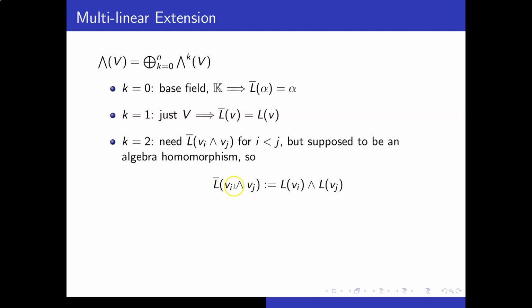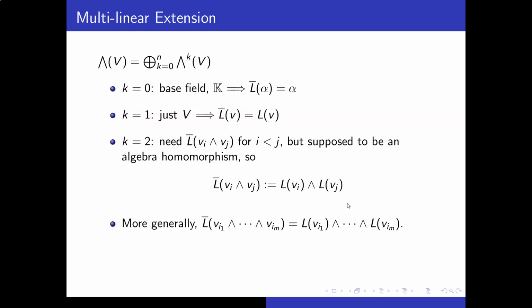So L bar of Vi wedge Vj should be L bar of Vi wedged with L bar of Vj. But those live in the vector space, in the first power, and there it's supposed to just be L, so it's just going to be L of Vi wedged with L of Vj. Okay, and that basically does it for me.